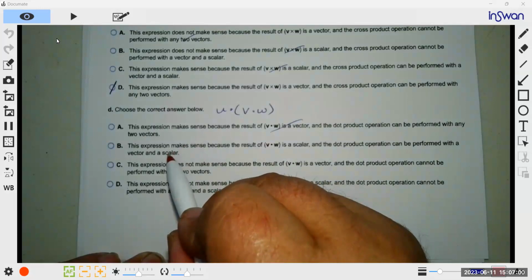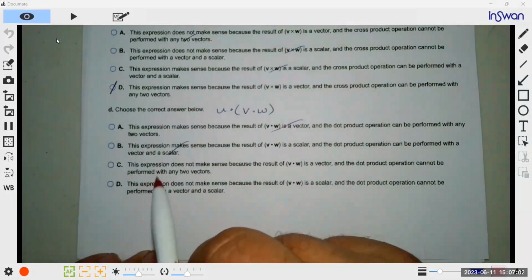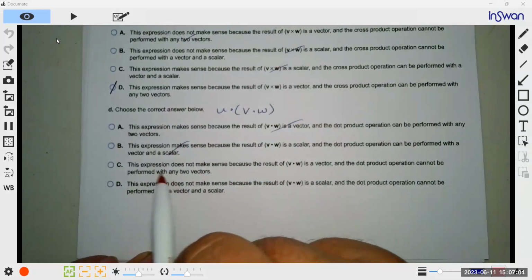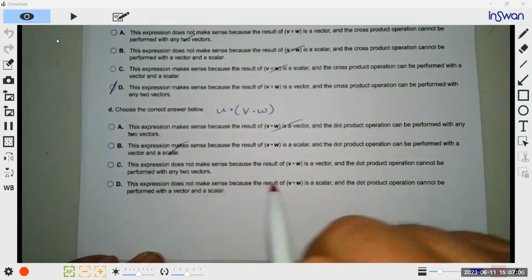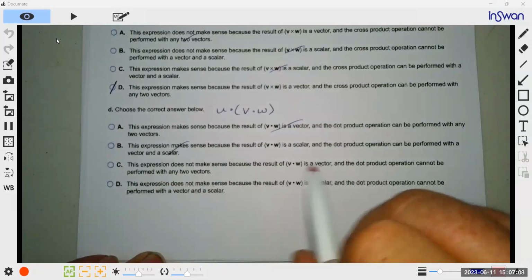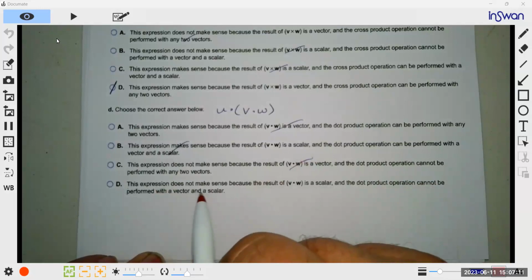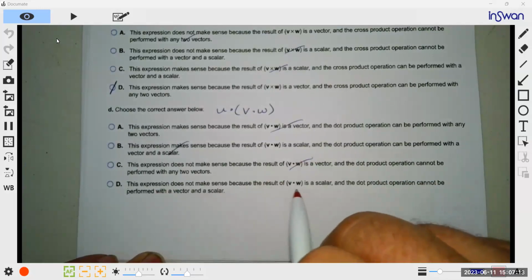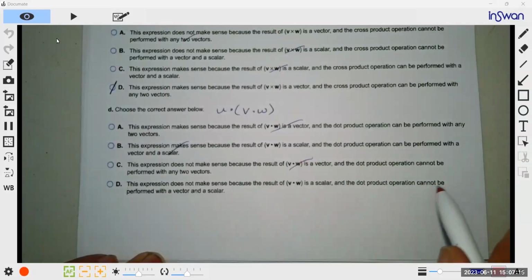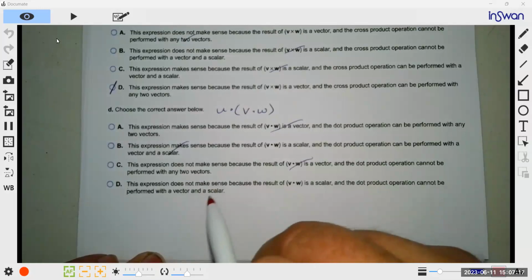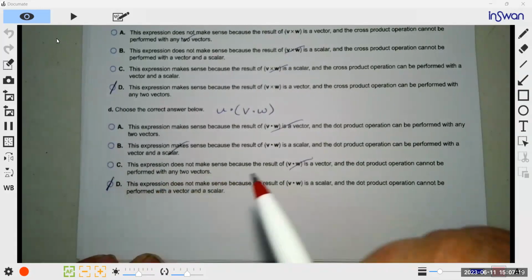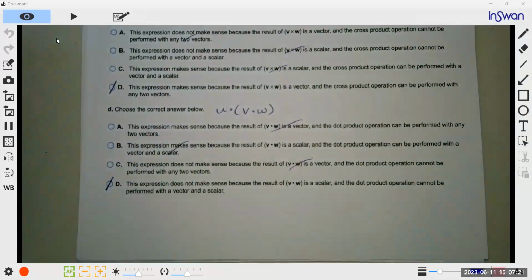No, it can't. You need two vectors. The expression does not make sense because U dot V is a vector. No, it's a scalar. The expression does not make sense because the result of U dot V is a scalar and the dot product cannot be performed on a vector and a scalar. True. That's it for that section. Good luck, everybody.